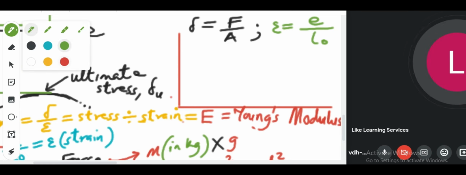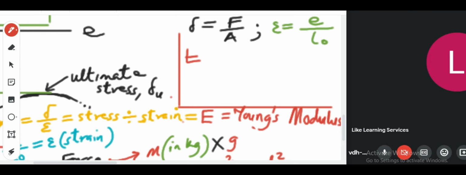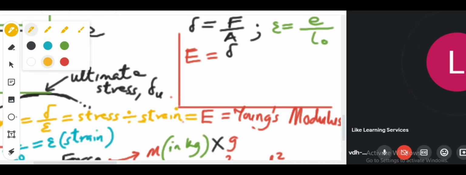And we have defined Young modulus to be equal to stress over strain.